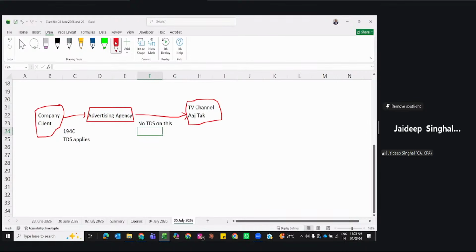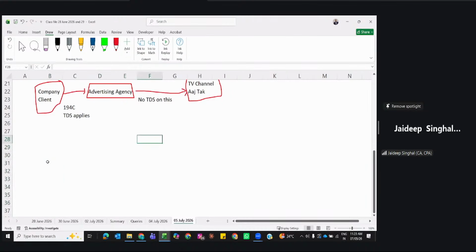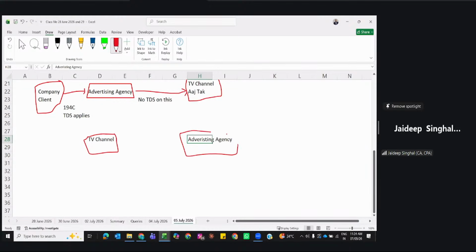Now, so this was about 194C. Another thing comes. Sometimes what happens, TV channels give some discount to the advertising agency for booking so that they can increase their business.